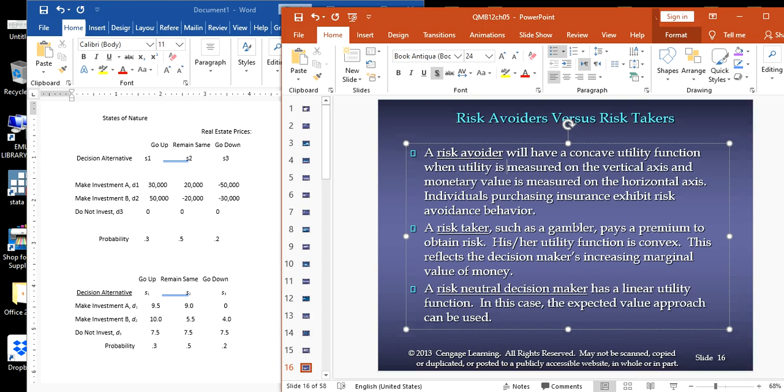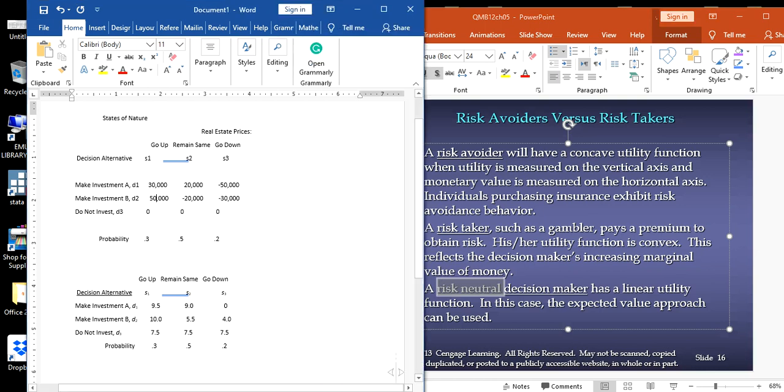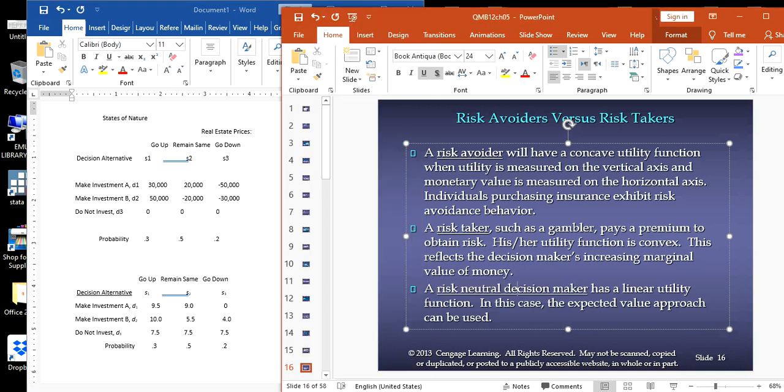So if the investor is risk neutral, the best option is to have the best expected value in terms of monetary value, because if we convert this monetary value to the utility value, we get the same result. But in order to make the best decision for a risk taker and risk avoider, we have to turn these monetary values to utility value over here.